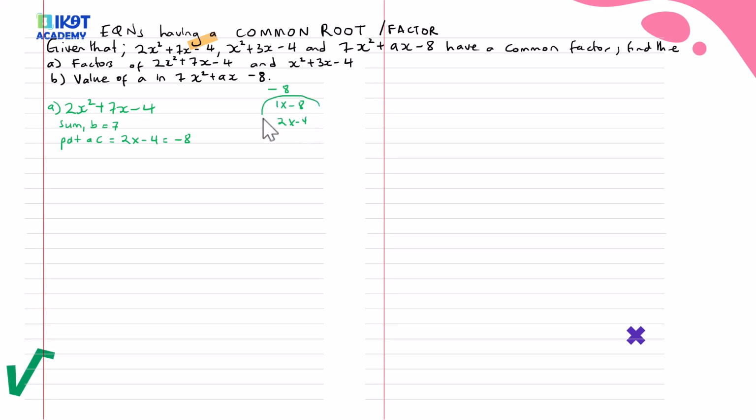We can also have negative 1 times 8 and negative 2 times 4. These are also factors, numbers that will still give you negative 8. We have to get two of these that when you add give us 7, but when you multiply give us negative 8. So we realize that it is negative 1 and 8.